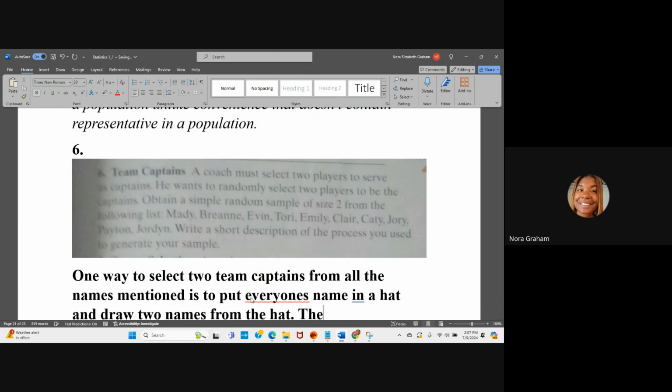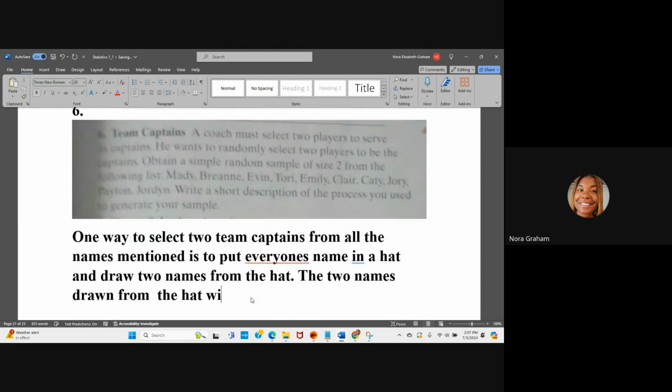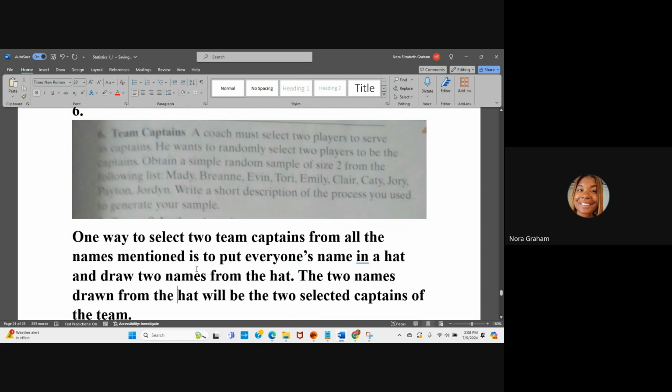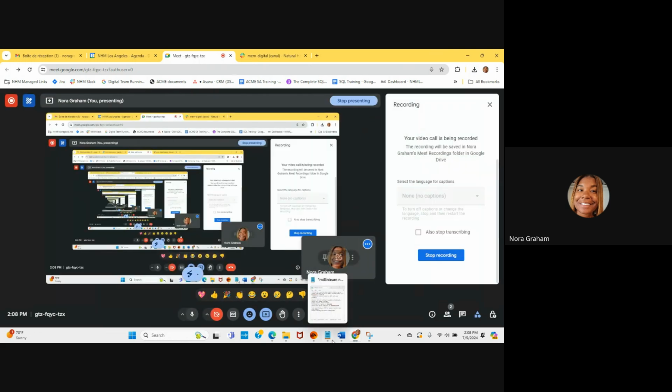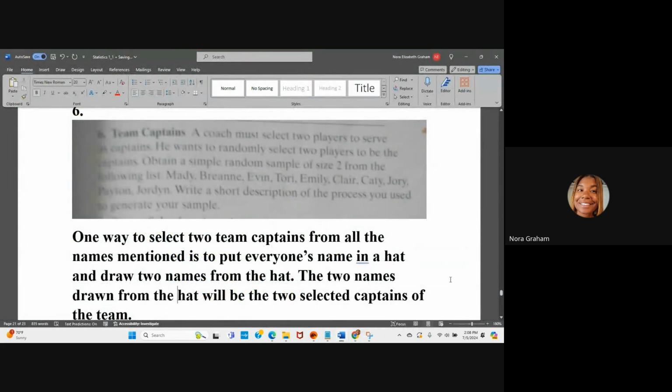The 2 names drawn from the hat will be the 2 selected captains of the team. Okay. So that's one way you can do it. Another way he could do it is, I don't know, probably close his eyes and point his hand at 2 people, and those people step forward. That could be another way he could do it.